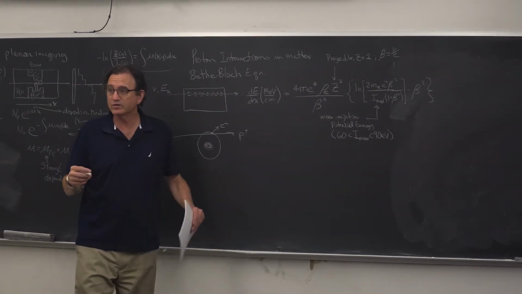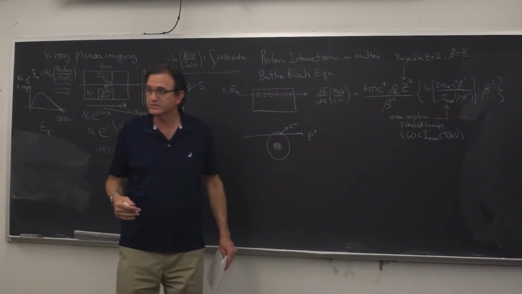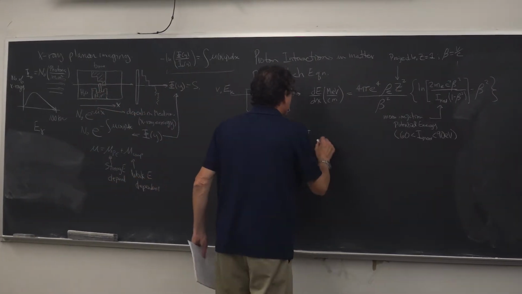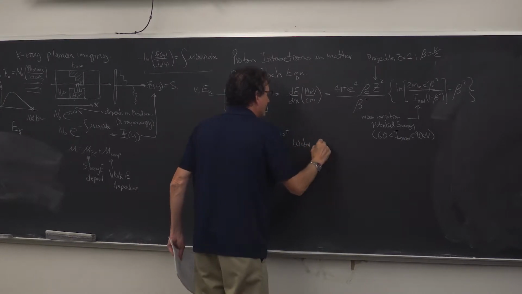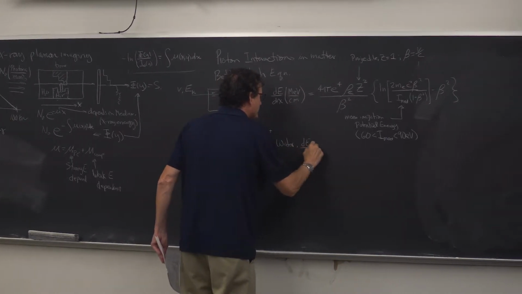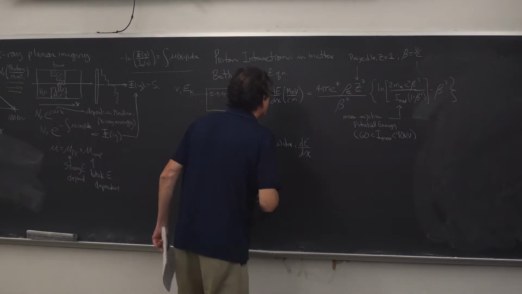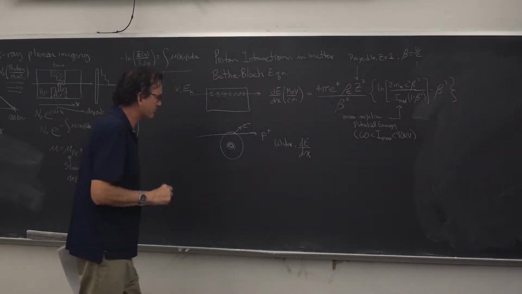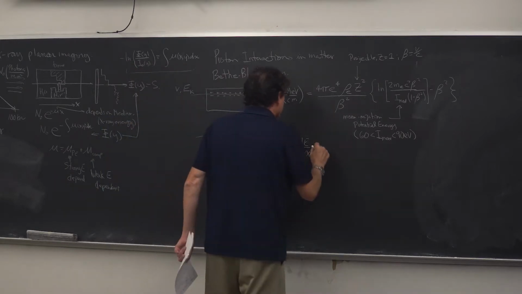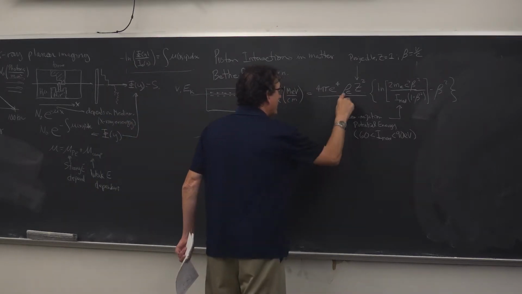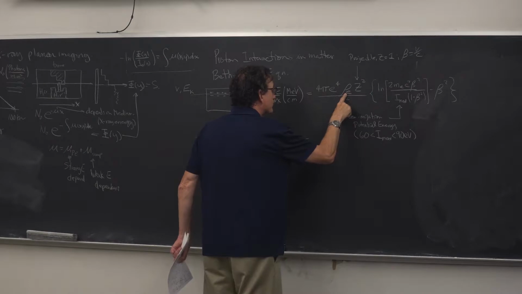We always start with water because our bodies are composed 90% by water, by weight. So using water as our base, we get that the energy loss, dE dx, the rate at which energy is lost in a medium, is equal to, and now we have to evaluate this electron density.